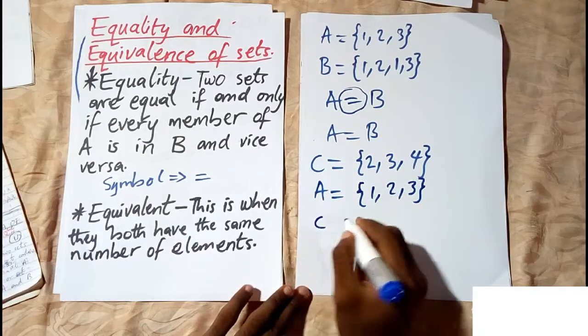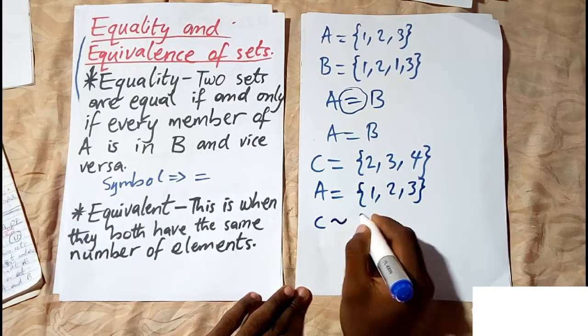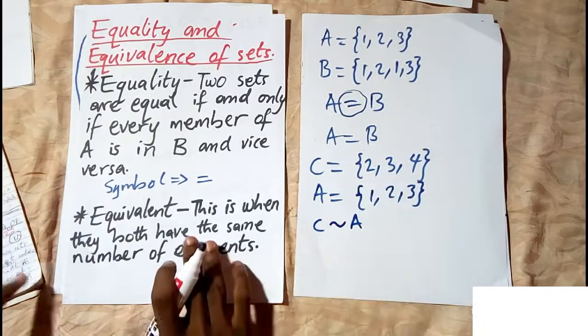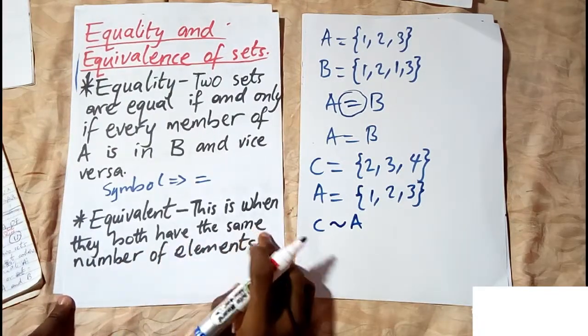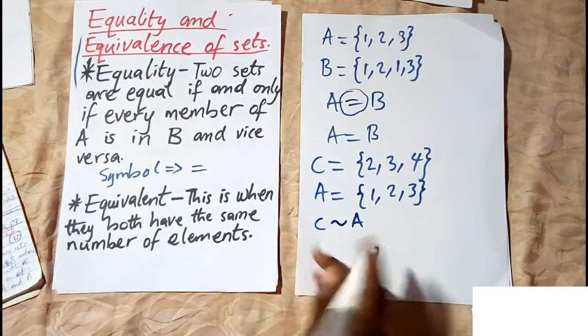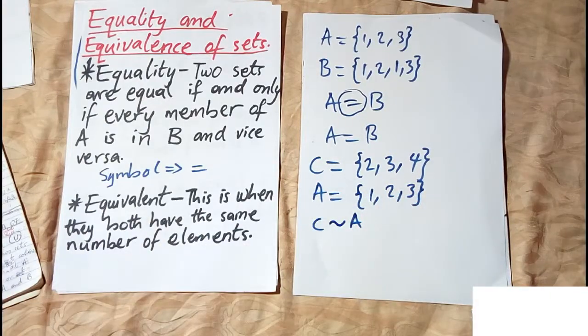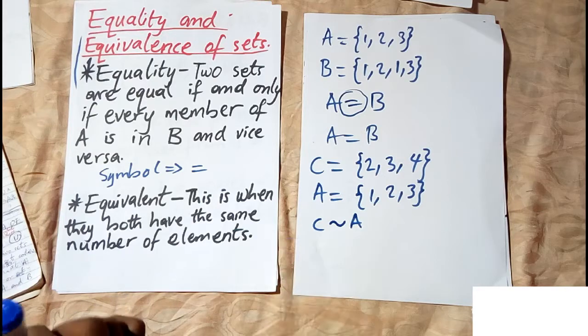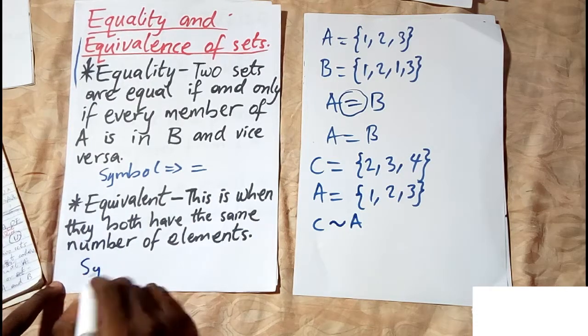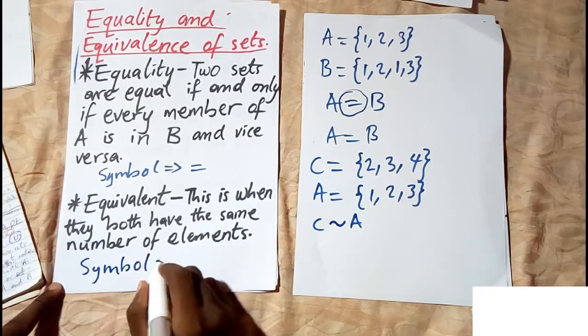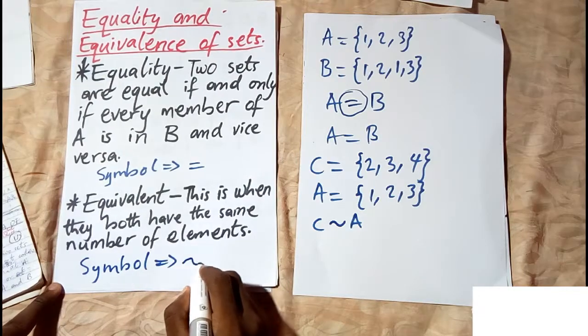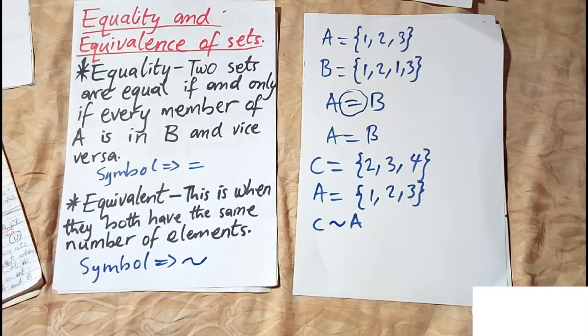Set C is equivalent to set A. This is when they both have the same number of elements. C has 3 elements and A has 3 elements. So we say sets C and A are equivalent, and our symbol for equivalence is this.